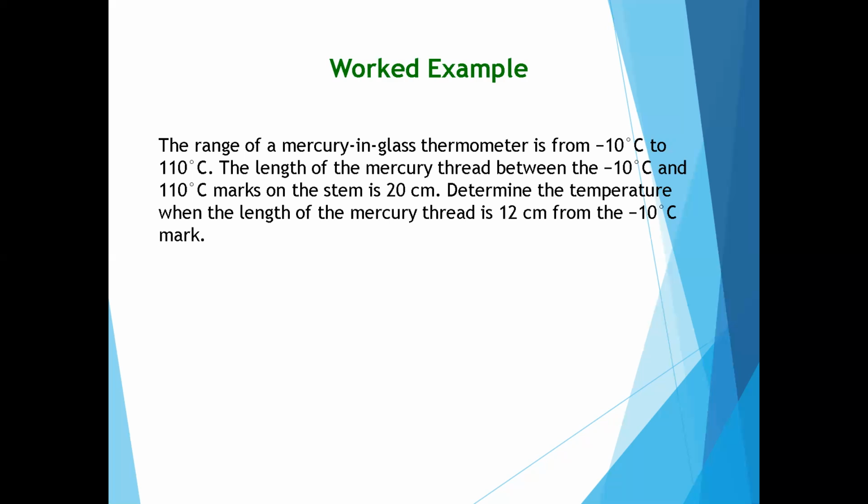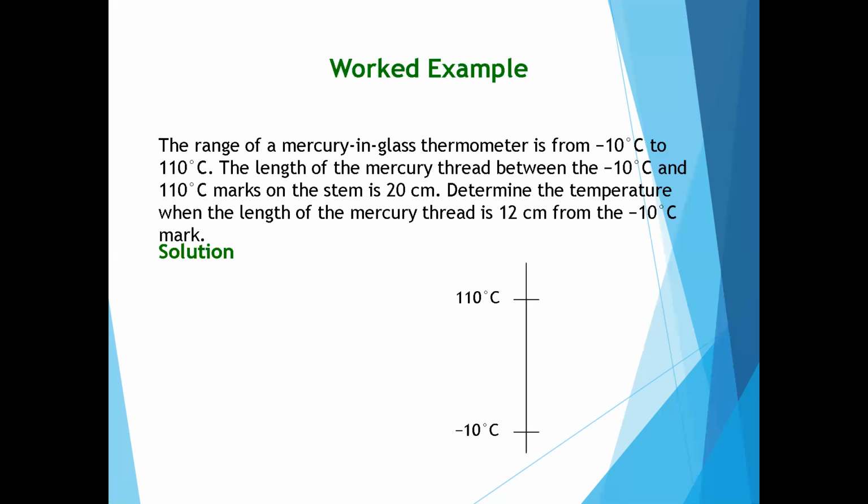So if for 120 degrees you have 20 centimeters, then 120 upon 20 gives you the length for every degree Celsius. Now you need to determine the temperature when the length of the mercury thread is 12 centimeters from the negative 10 degree mark. So let's see how this actually looks.